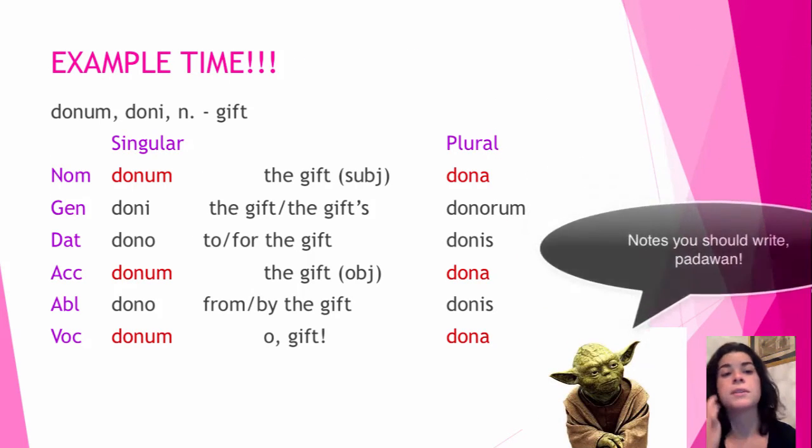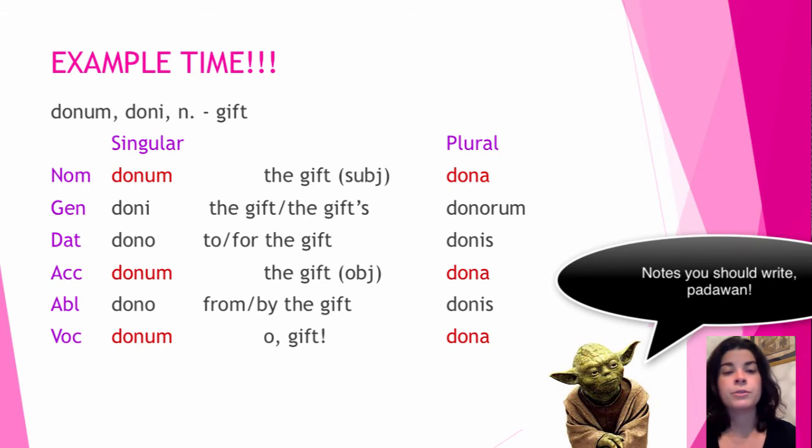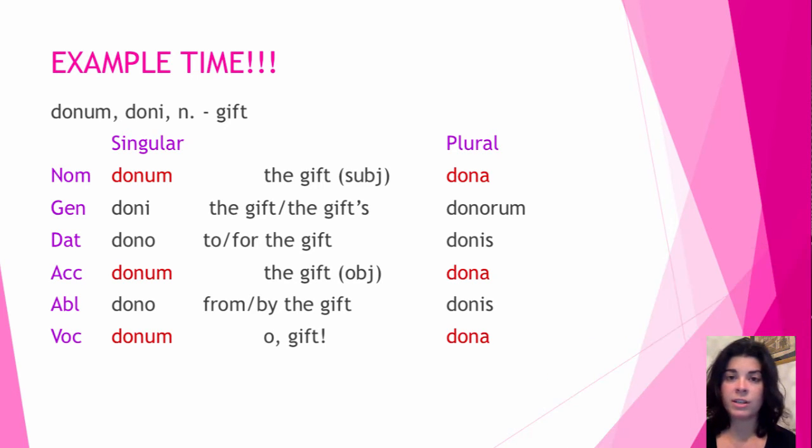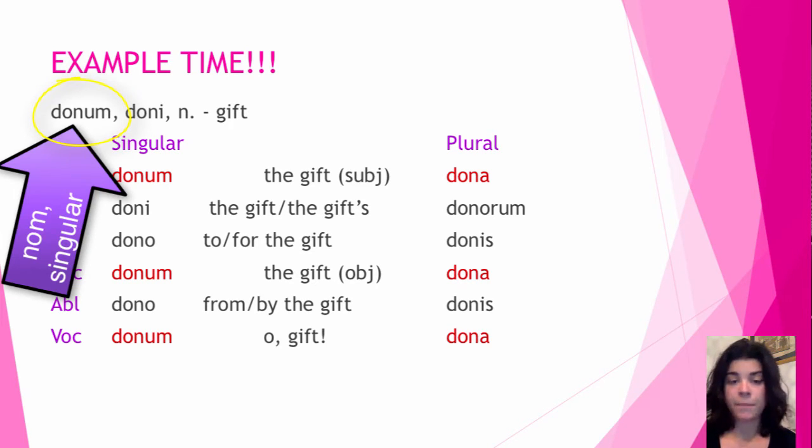So let's take a look at what this looks like. Donum, doni is one of our vocabulary words. It's neuter, and it means a gift. So you can see I've highlighted in red the three instances on both the singular and the plural where donum doesn't follow the usual pattern. Now, even if I didn't have neuter written right next to donum, doni's dictionary entry, I could still tell it was neuter, because all neuter nouns in second declension are going to end in -um.